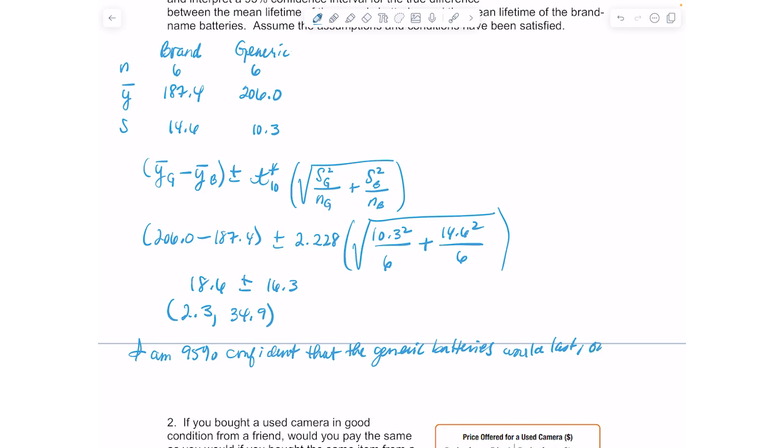We're dealing with averages, so it's important to say that, between 2.3 and 34.9 minutes longer than brand name batteries.